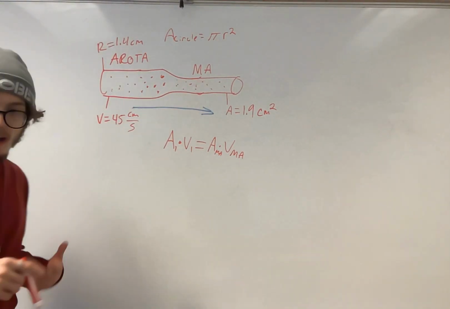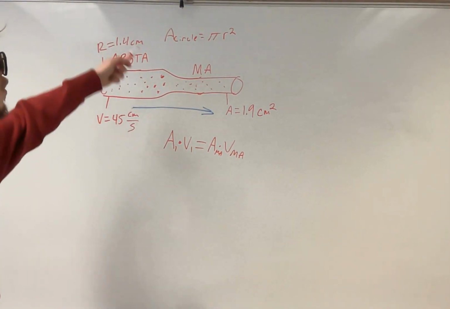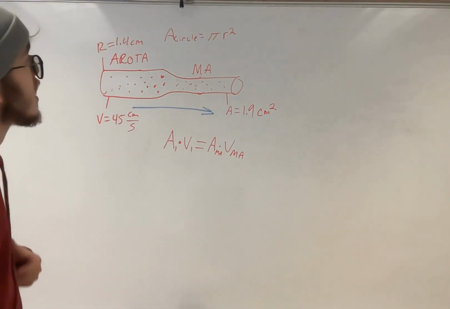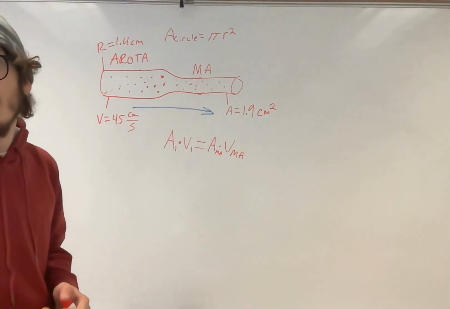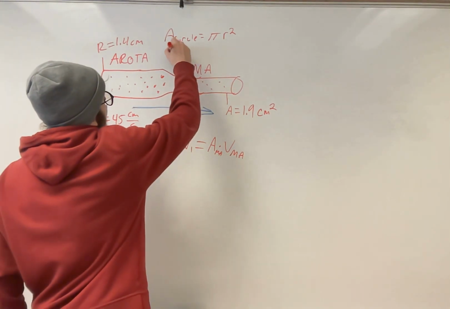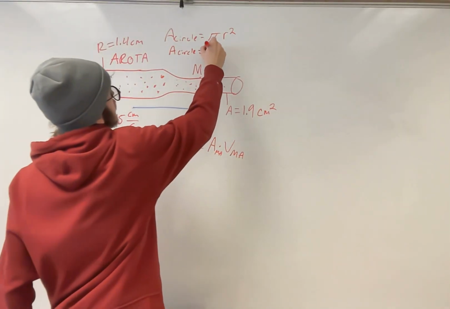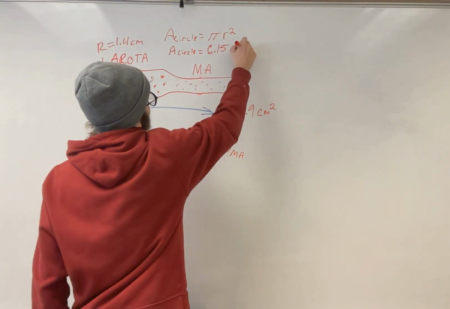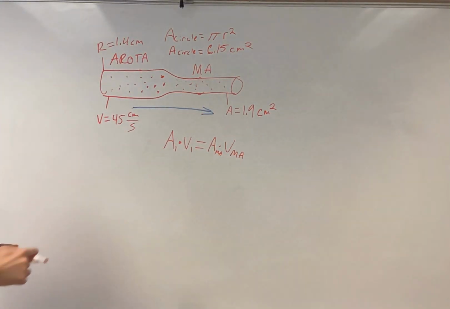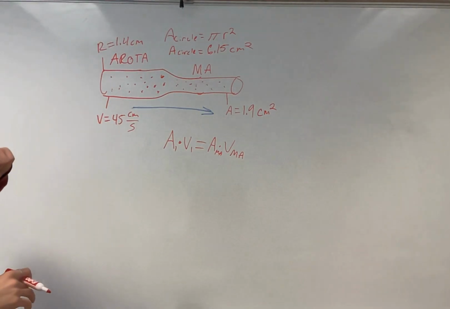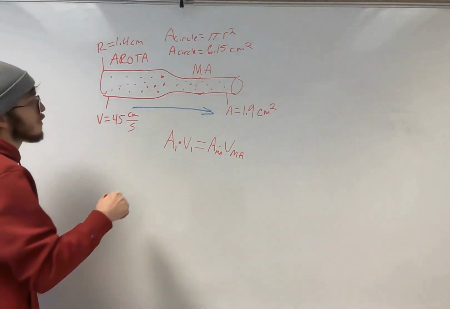Using that knowledge, we can simply plug in the 1.4 centimeters to get the cross-sectional area of the circle, and I got 6.15 square centimeters.